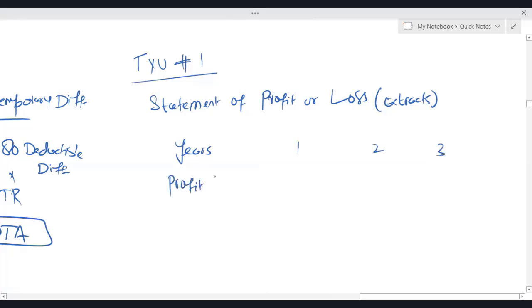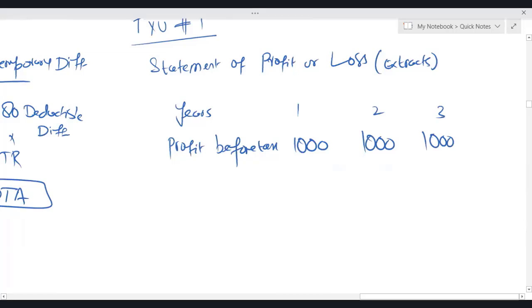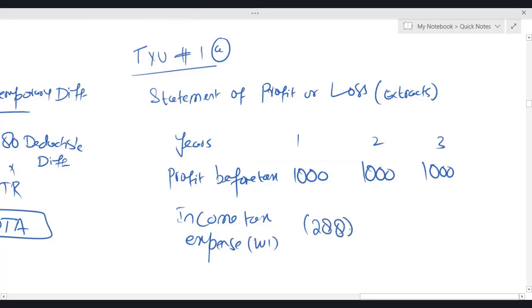We know that. Ignoring deferred tax, the examiner says just calculate income tax. So here comes the income tax expense, which we have already calculated: in the first year it is 288, second year 297, and then 315.